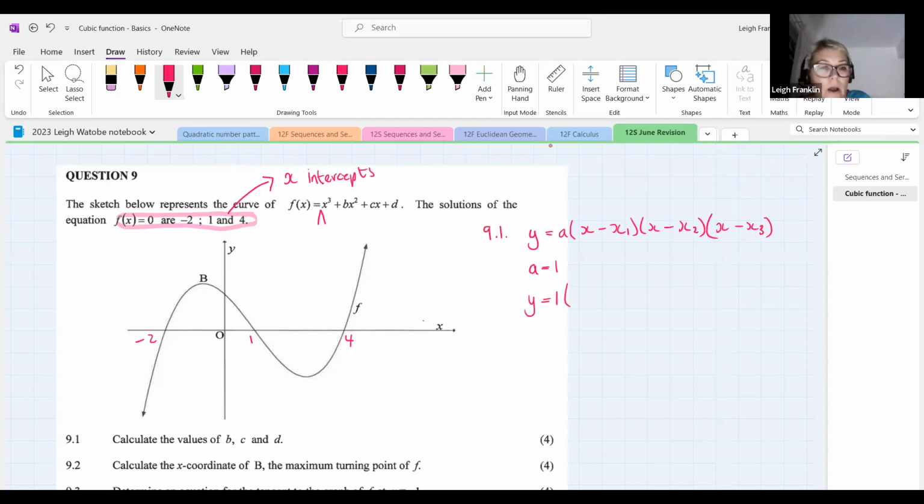We know that it's 1. They've told us that's in the equation. And now we're going to sub in our roots. So it's going to be x plus 2 times x minus 1 times x minus 4. I'm going to let you guys multiply that out. You tell me what you get. So we need to know the values of B, C, and D.